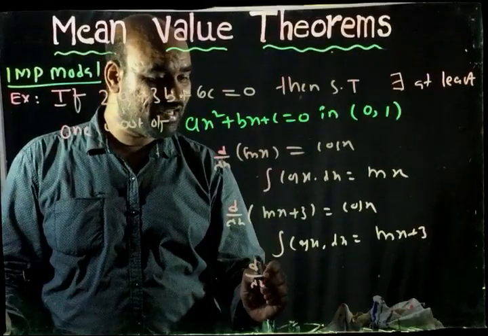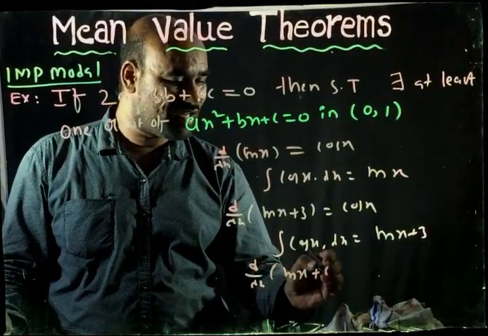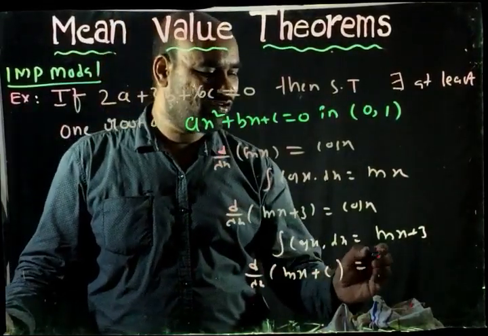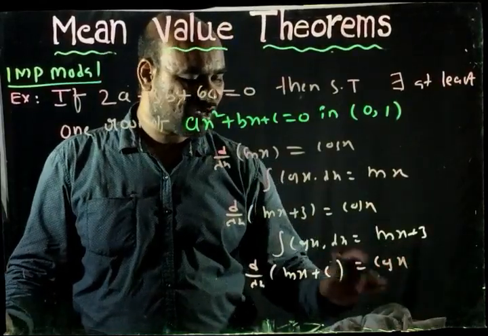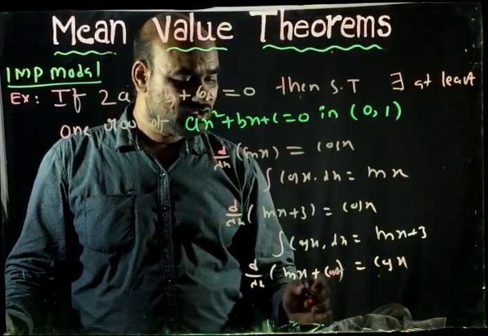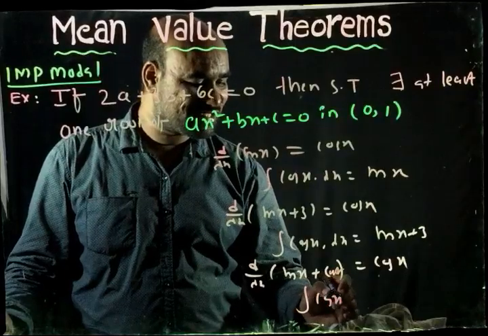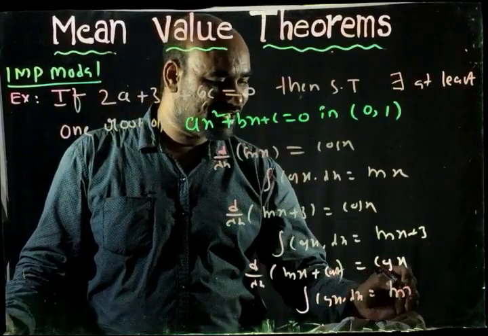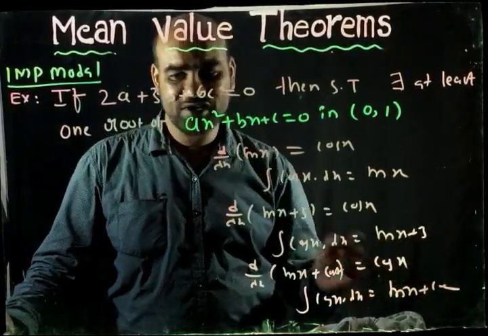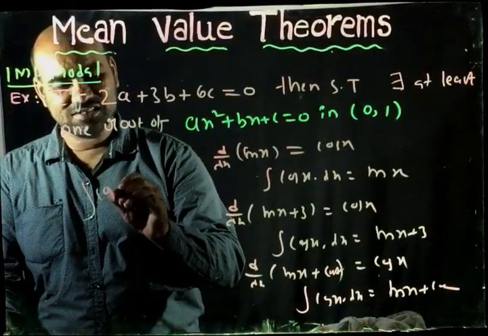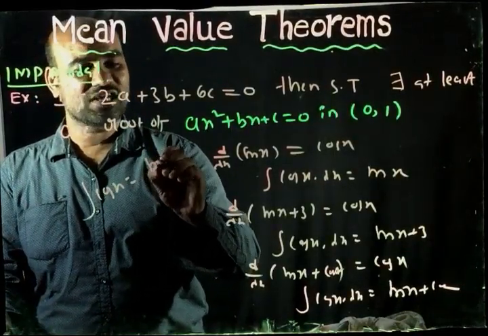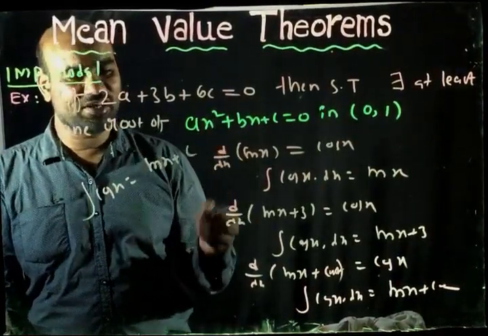So d by dx of sin x plus some constant equal to cos x only. So integral of cos x dx equals sin x plus some constant, any constant.